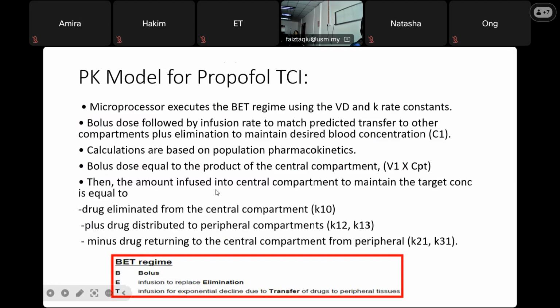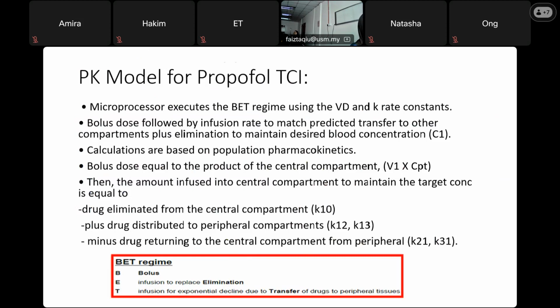Then the amount of infusion into the central compartment to maintain the target concentration is equal to the drug eliminated from the central compartment plus the drug distributed to the peripheral compartments, minus the drug retained in the central compartment. Do you understand this sentence? It's okay, you can look again.